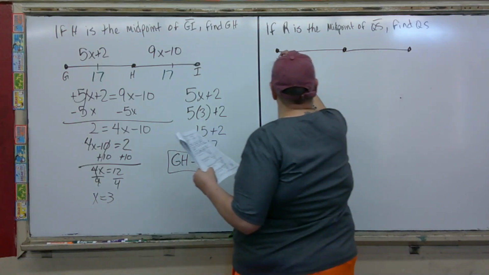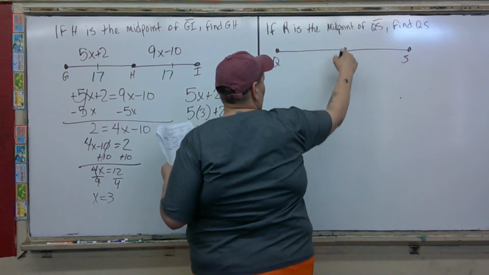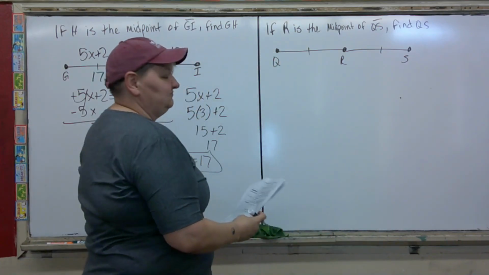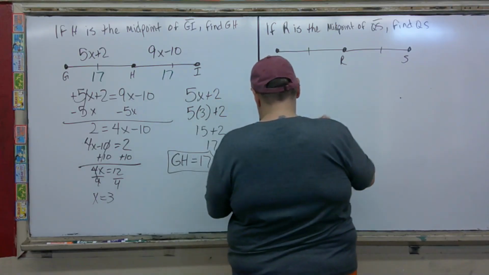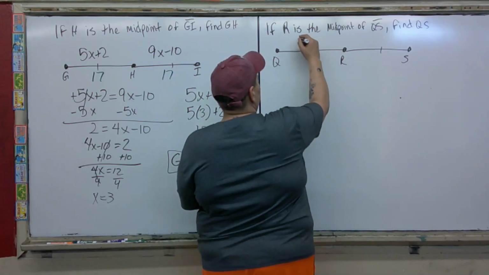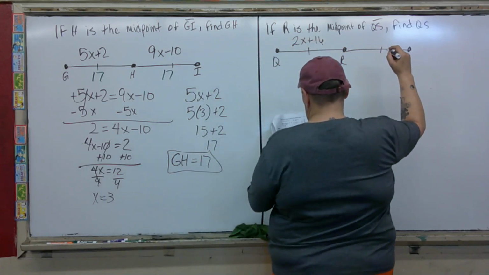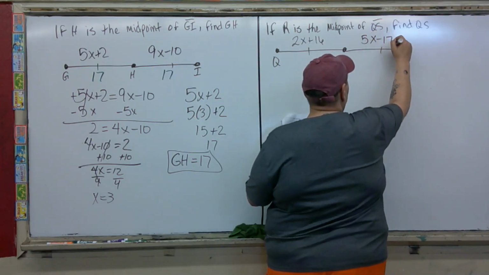QRS. And because we know R is the midpoint, this is equal to this. It says Q to R is 2x plus 16. R to S is 5x minus 17.